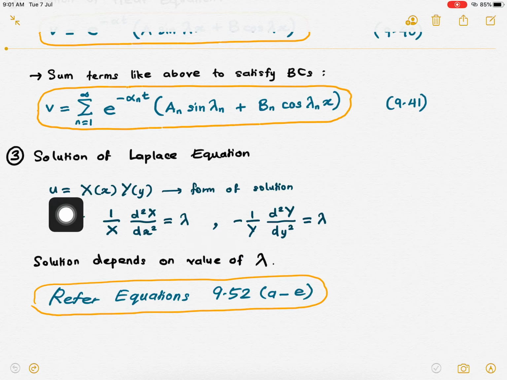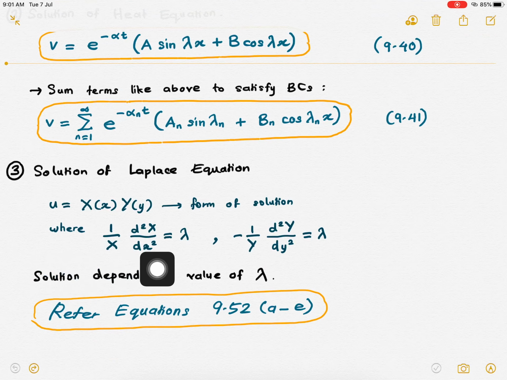When we consider this form of solution, the final answer has a function of big X and big Y. When we relate it with the equation, we can see that 1 over big X times the second derivative of big X with respect to x is equal to lambda.